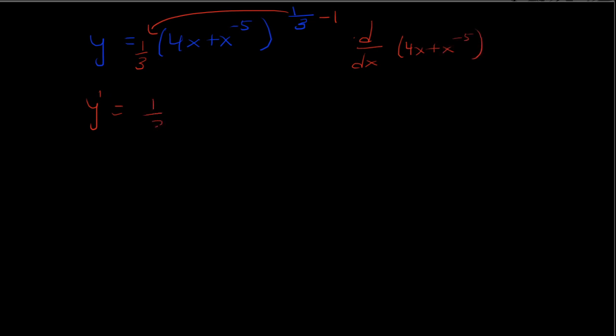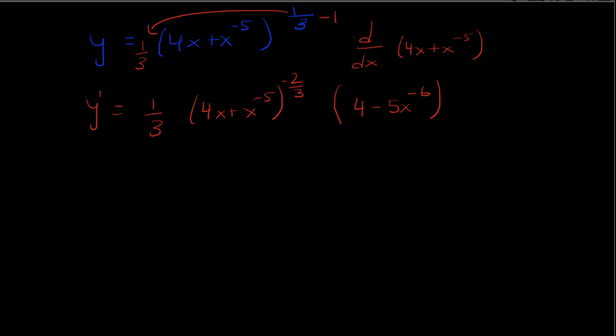So this is 1/3 times the quantity 4x plus x to the negative fifth. 1/3 minus 1 is negative 2/3. The derivative of 4x is 4. The derivative of x to the negative fifth is negative 5x to the negative sixth.